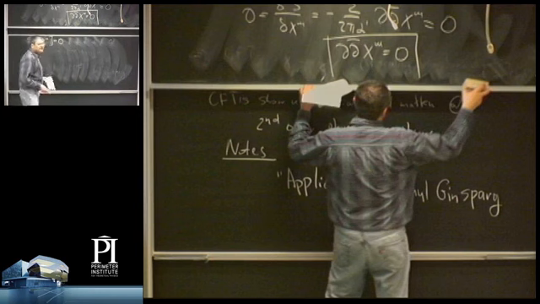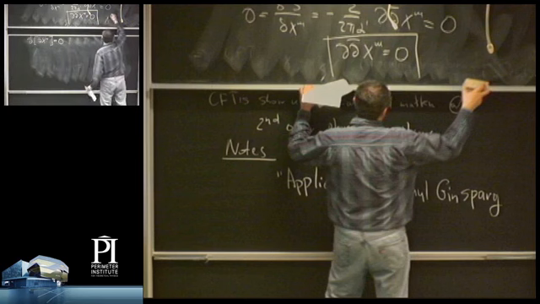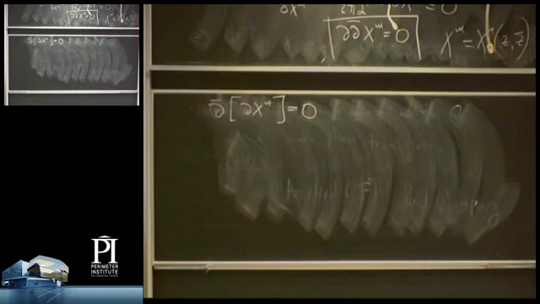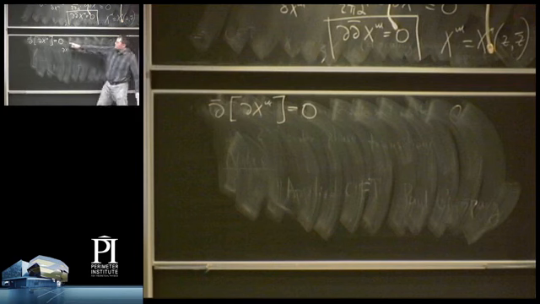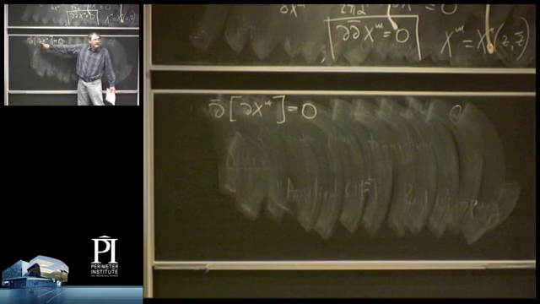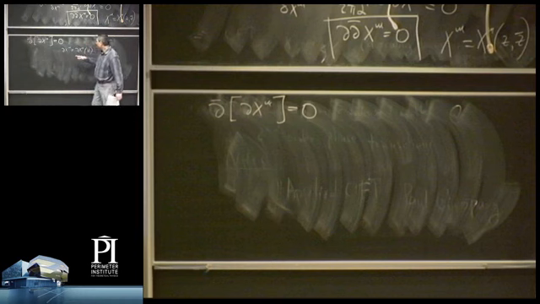Remember that x mu in the complex coordinates is a function of z and z bar. The equation of motion tells me that del x mu is a function of z only, right? So I have some function that is annihilated by the anti-holomorphic derivative, which means that it must be a holomorphic function.